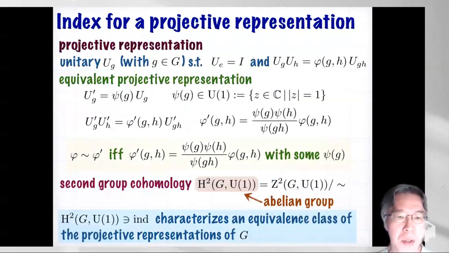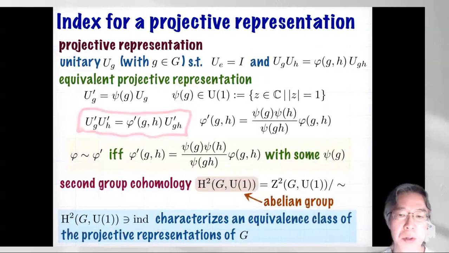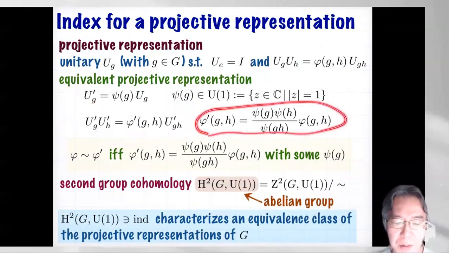Suppose that we are given a projective representation described by this set of unitary operators. I pick an arbitrary phase factor psi and define U prime this way. Of course, this U prime satisfies this relation, so it also gives a projective representation with this new phase factor.